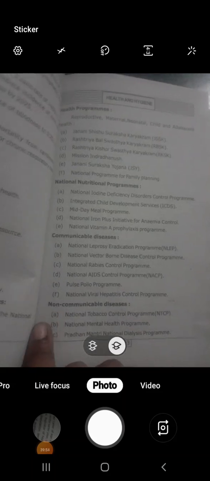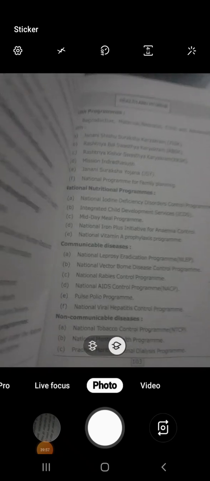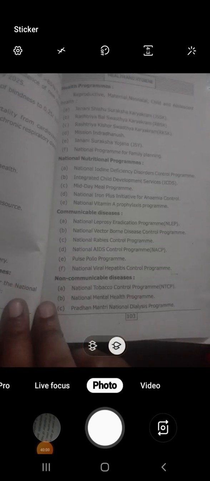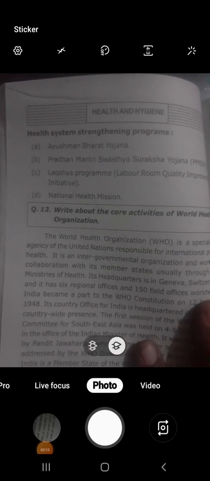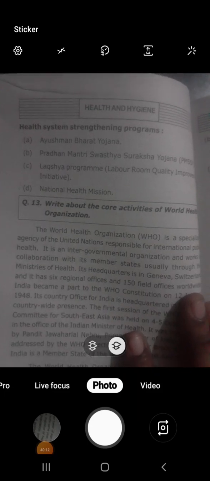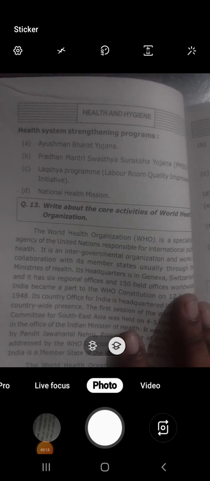Non communicable diseases will come under tobacco control, mental health program, and also the Pradhan Mantri National Dialysis Program. Next we are having health system strengthening programs, which are Ayushman Bharat Yojana, Pradhan Mantri Swasthya Suraksha Yojana, Lakshya program, and National Health Mission. So these are the things we are going to have.